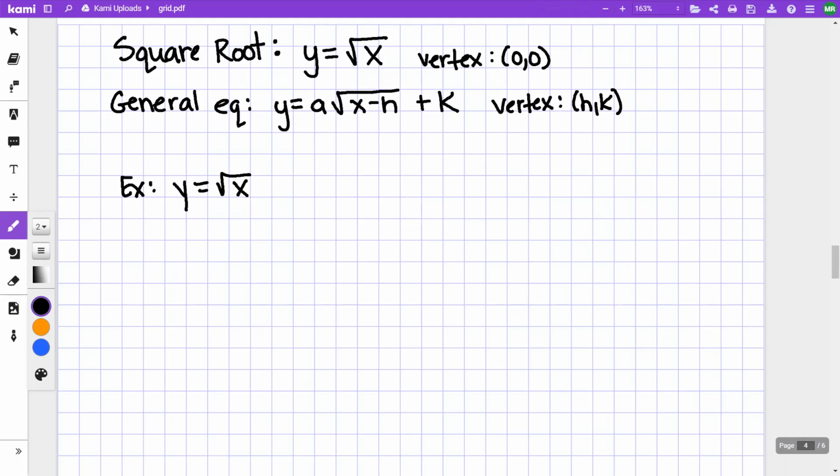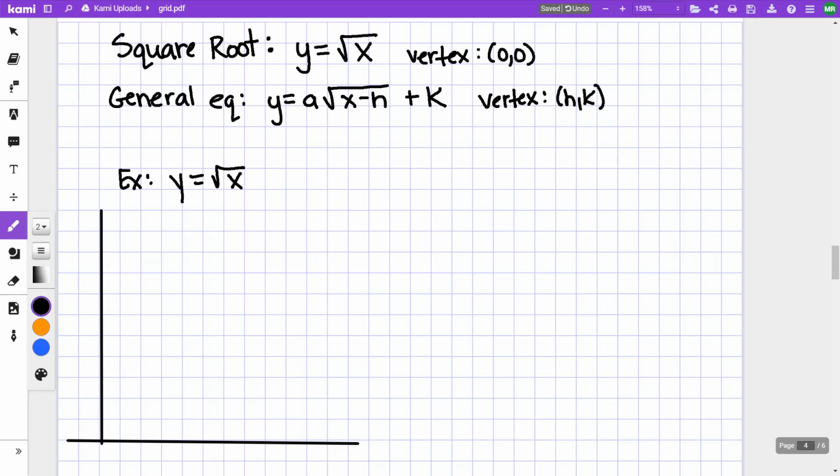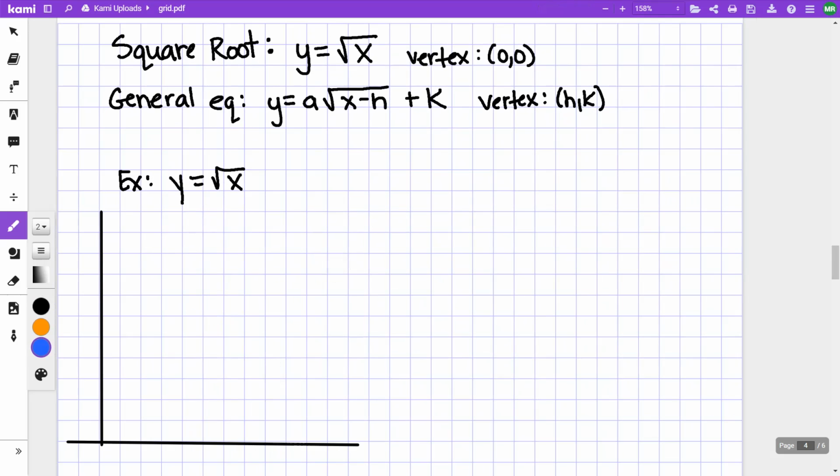And to be honest, we could actually even kind of shift it this direction if you want, because I'm not going to take the square root of a negative. So the first value I'm going to do is 0. What is the square root of 0? 0. So I'm going to have a point at 0, 0.